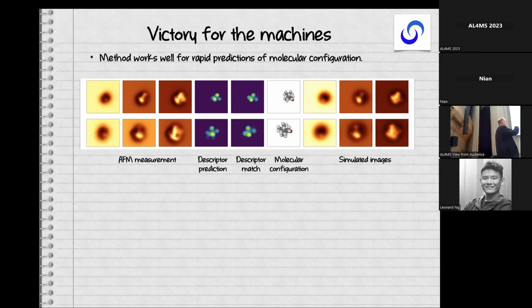And the idea on the left here, we have each row is one experimental set. And we have 3 experimental images showing different heights. These are fed into the machine learning. We predict a fingerprint. We match this fingerprint. And at this stage, we brute force to guess the configuration and calculate a simulated image on the right.